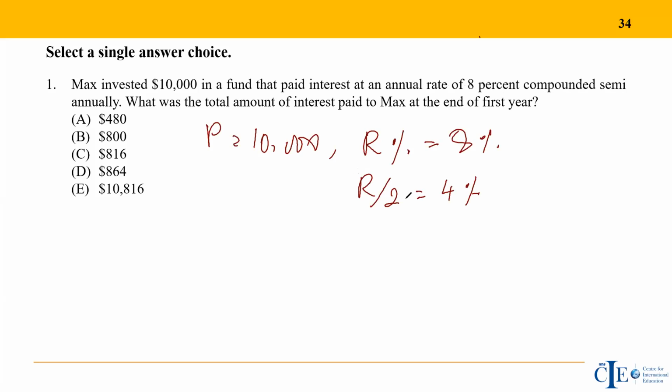Now it's given compounded semi-annually. The question will always speak of that. It should be given in the question whether you're doing it on a simple basis or on the compounding basis. If it is on a simple basis, whether it is half yearly and all these things doesn't matter. As a thumb rule, if it's not given in the question, then it is always to be taken as compounding unless it is mentioned.